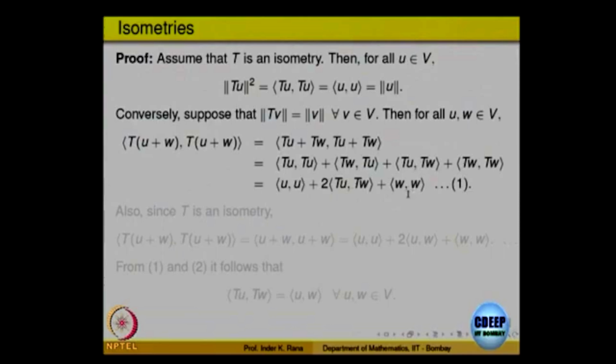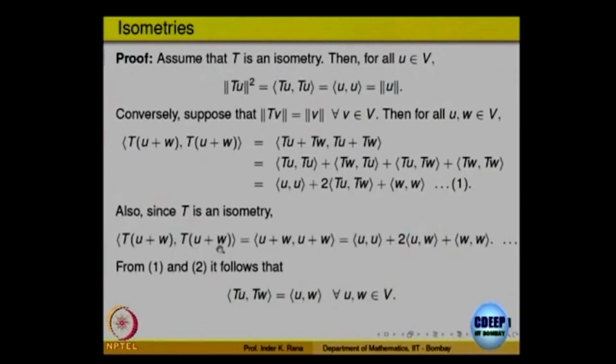But T is an isometry, right. Okay, not that T is an isometry, one should actually, but what is this equal to? Tu comma Tw, right. So expand that. So from these two what do you get? See, the norm is preserved, right.